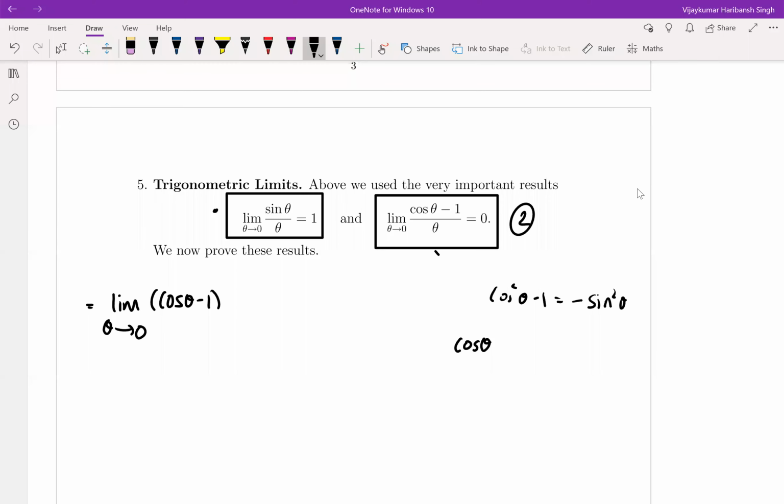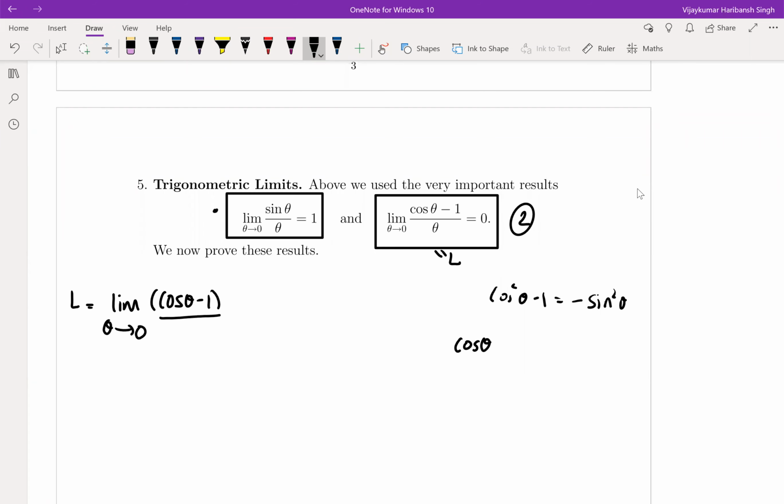Let this limit be L. So L is equal to, multiply the numerator and denominator by cos theta plus 1. When you do that, you get limit as theta goes to 0 of cos square theta minus 1 upon theta times cos theta plus 1, right?